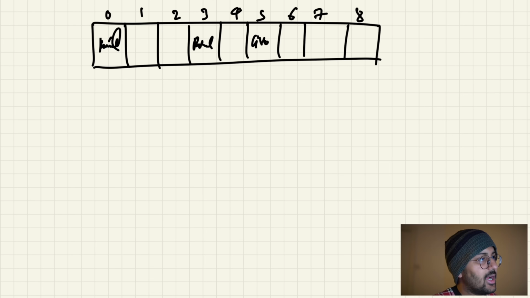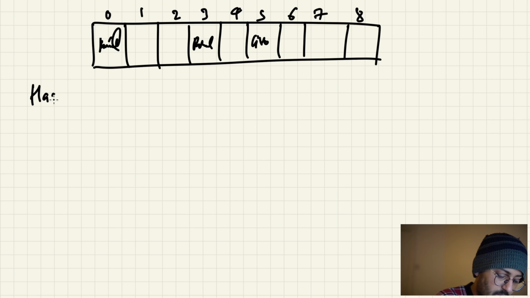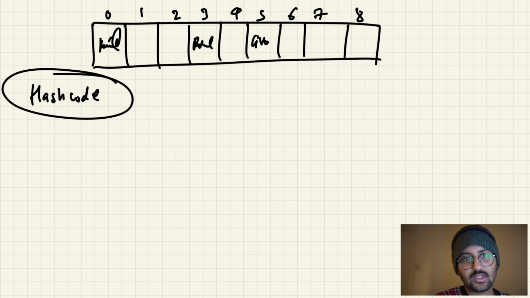The idea for hashing is that you have to understand the concept of a hash code. A hash code is nothing really, it is just a way of getting a number, an integer. You can give it anything: an object, an integer, a name, a string, a character, a float.